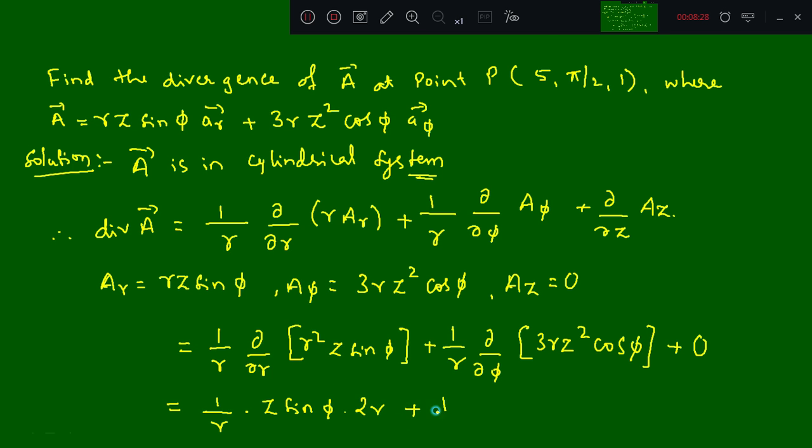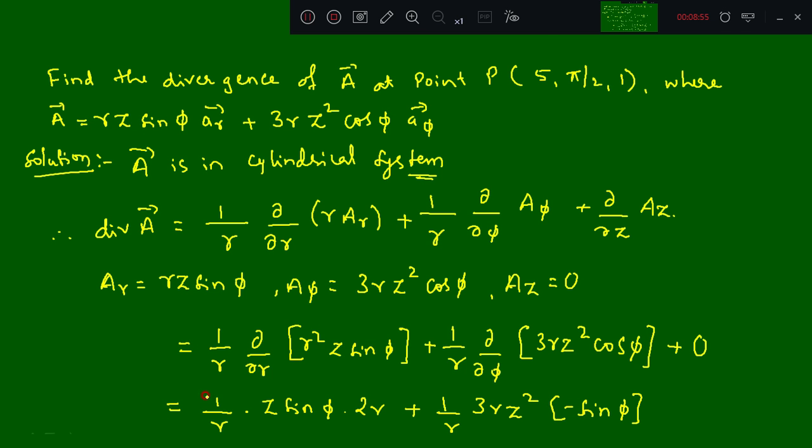Plus 1 by r, then dou by dou phi of cos phi; the derivative of cos is minus sine. So this is 3r z square remaining the same, times minus sine phi.